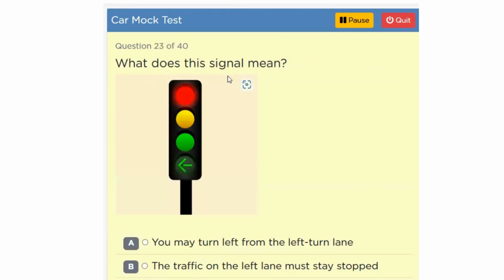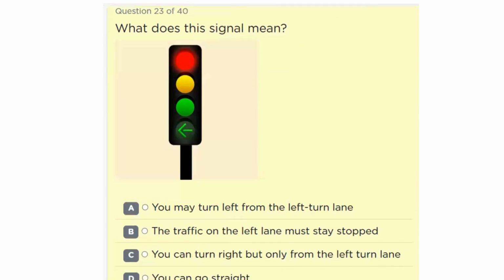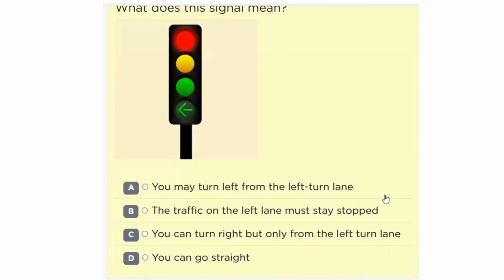What does this signal mean? You may turn left from the left lane. The traffic on the left lane must stay stopped. You can turn right. Now this is tricky.